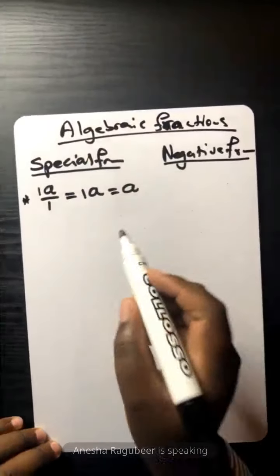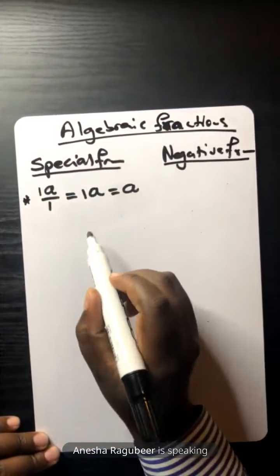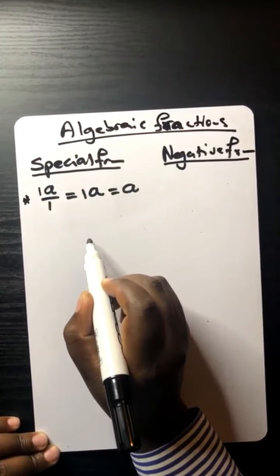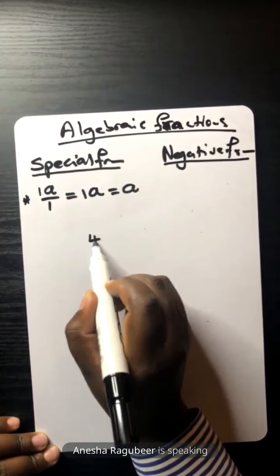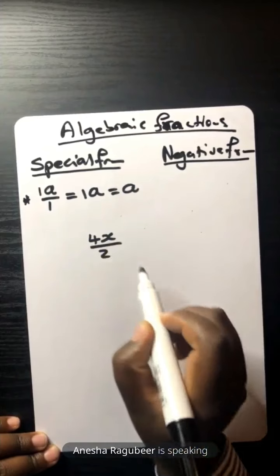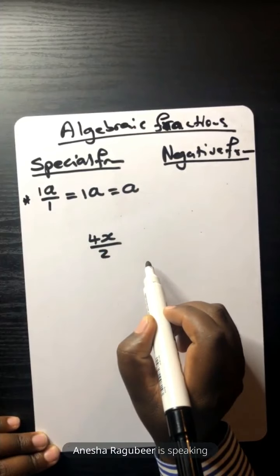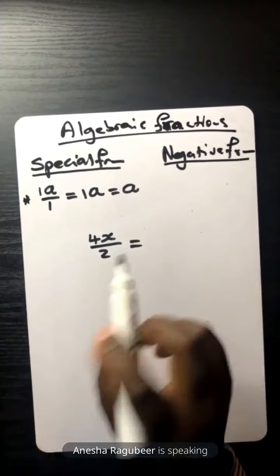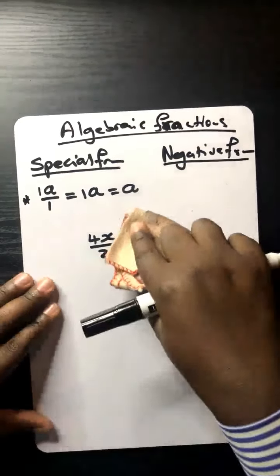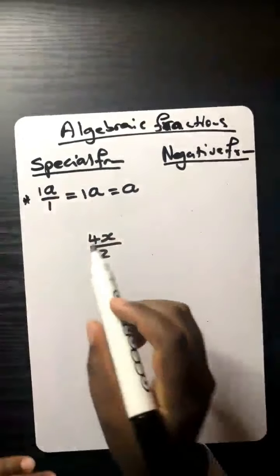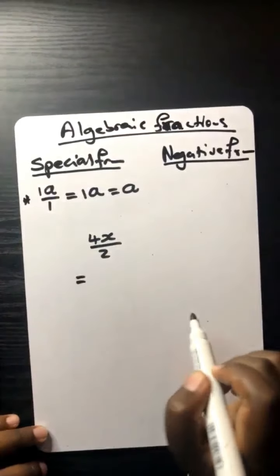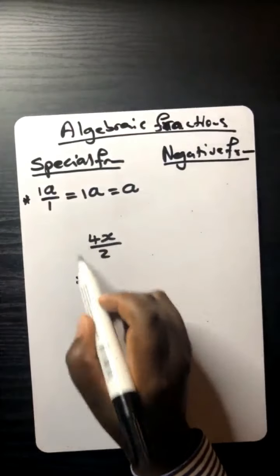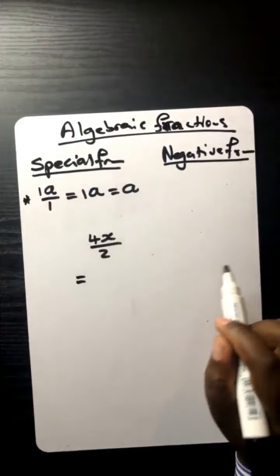So if I say, sir, 4x over 2. Mm-hmm. Then to get your x, you have to take your 4 divided by 2, which will give you 2x. Yes, but in that way, we are not solving because this is not an equation. It's an expression.